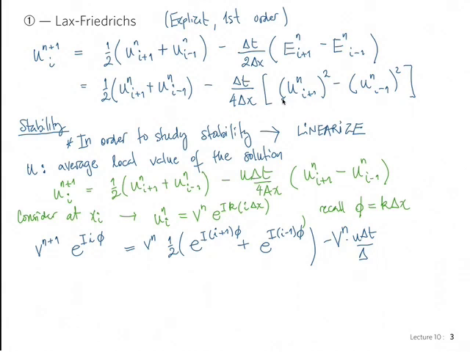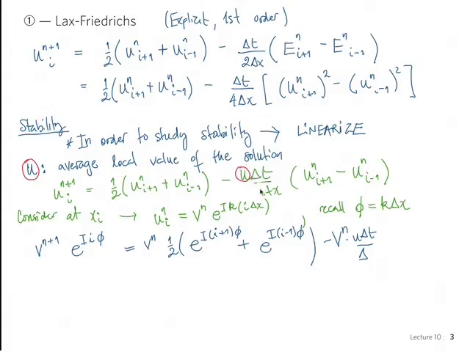But when I consider it as a linear equation with an average velocity, this guy is a constant now, and so I don't have the one half. So I made a mistake here.